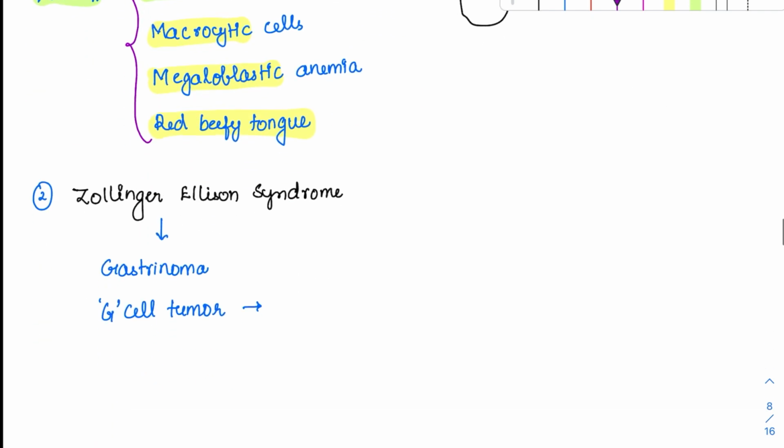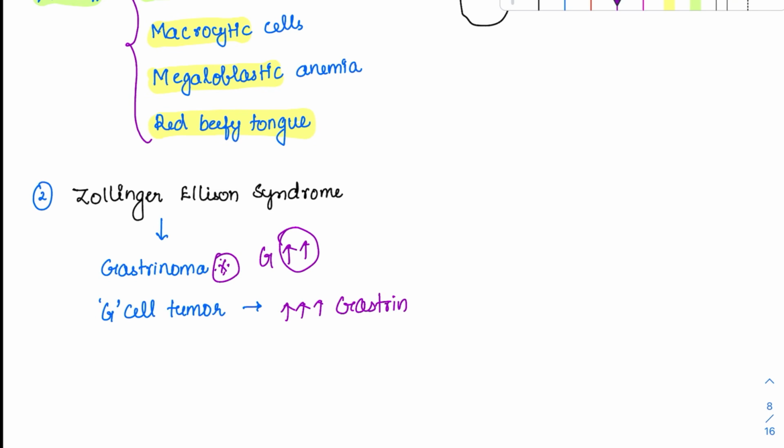Then coming to the next disorder with gastrin, called Zollinger-Ellison syndrome. What is Zollinger-Ellison syndrome? It is a carcinoma of the gastrin cells. It is a form of gastrinoma. Here the gastrin producing cells, or G cells, become a tumor and their secretions are increased. So there will obviously be an increase in gastrin, which is easily understandable because it is a tumor cell. But what happens to the level of HCl?